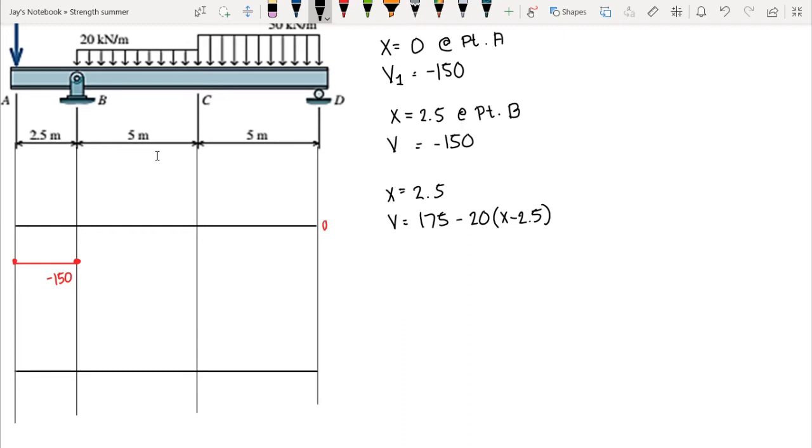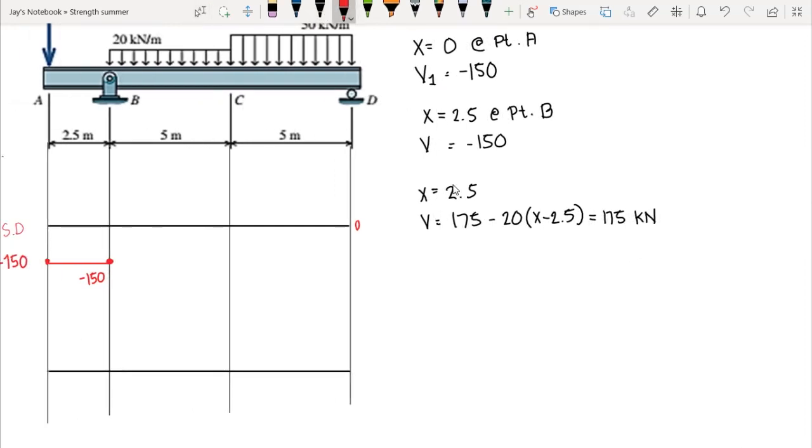We set x equal to 2.5, so our shear point here is equal to 175 kilonewton. If we plot that in our diagram, we have positive 175, so we go above our reference line. We will plot our diagram at this point. Let's say this is 175. Let's not include the unit.